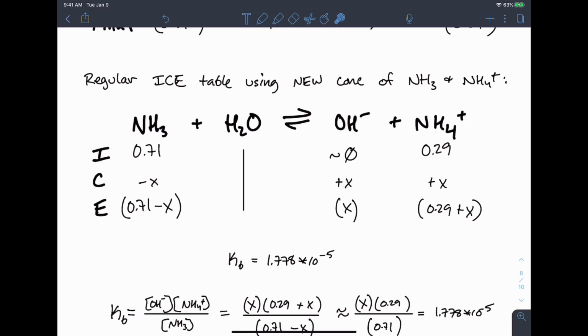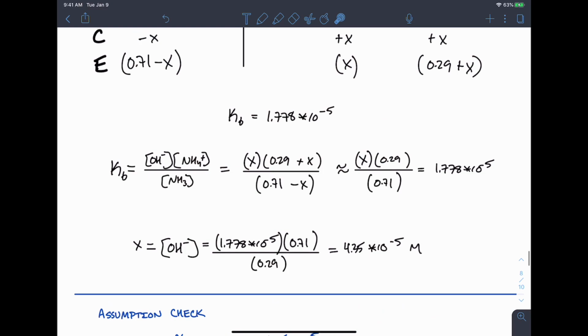All right, so the rest of this is pretty much identical to the last two parts of the problem, where we're just setting up a regular ice table. We're assuming the reaction runs in the forward direction, so we have minus x and plus x. Again, equilibrium is just the sum of the last two lines, so 0.71 minus x and 0.29 plus x. All right, so throwing those values into our Kb expression, we get a value of x, which again is the hydroxide ion concentration, of 4.35 times 10 to the minus 5.